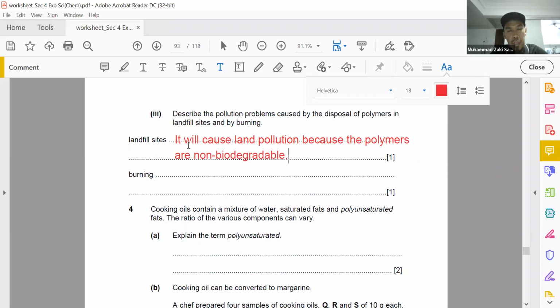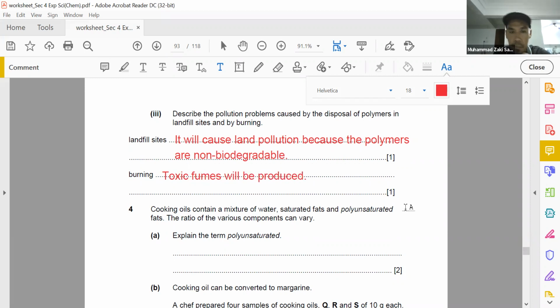It means they will take up land space, or you see rubbish anywhere. And burning: when you burn plastics, usually toxic fumes will be produced.